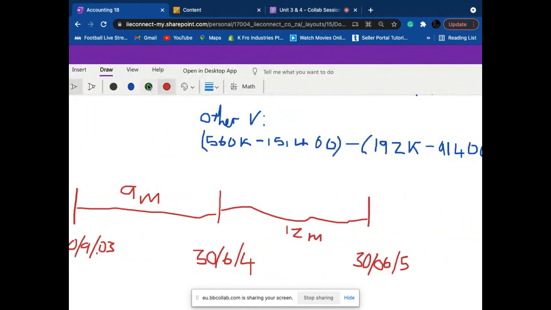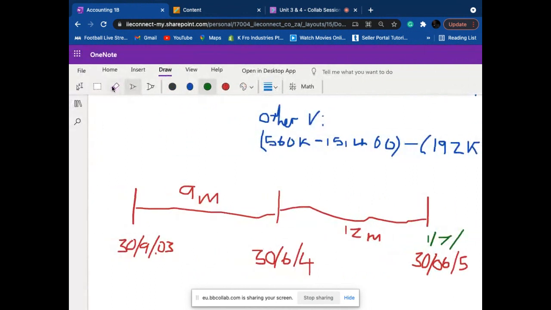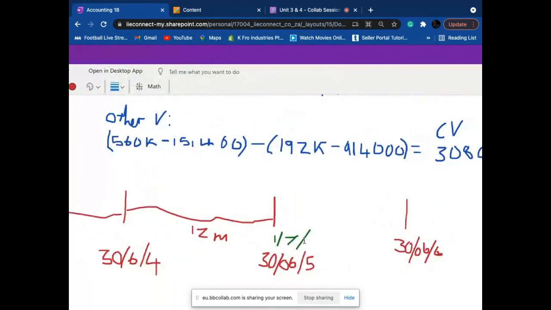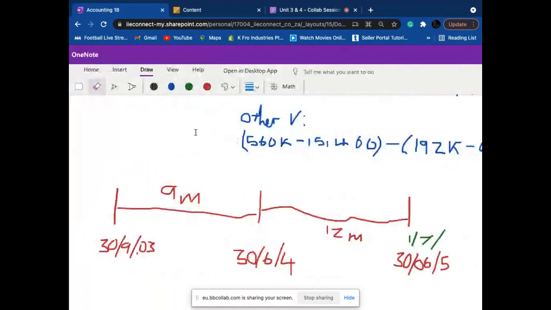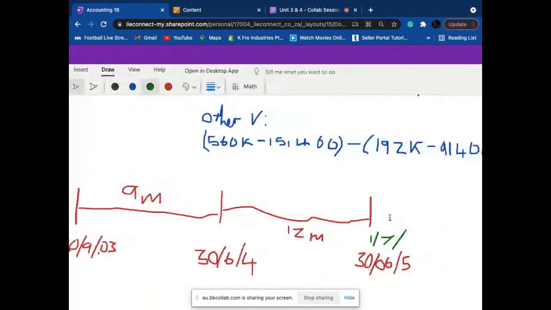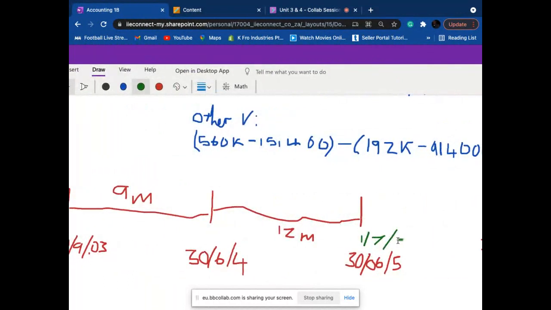On 1, remember, I'm just going to do this in a different color. On 1 July. No, my bad. What am I doing? Sorry. No, I'm actually right. Yes. 5.